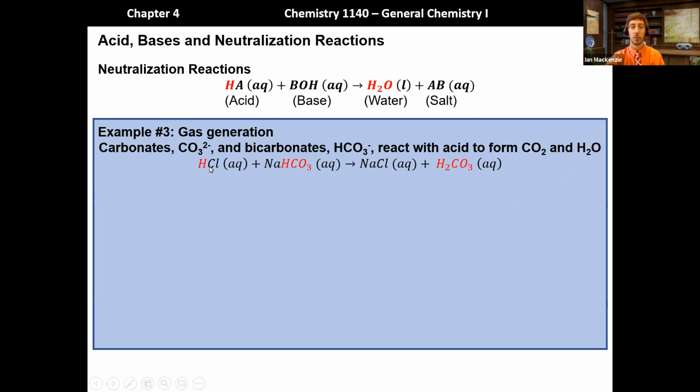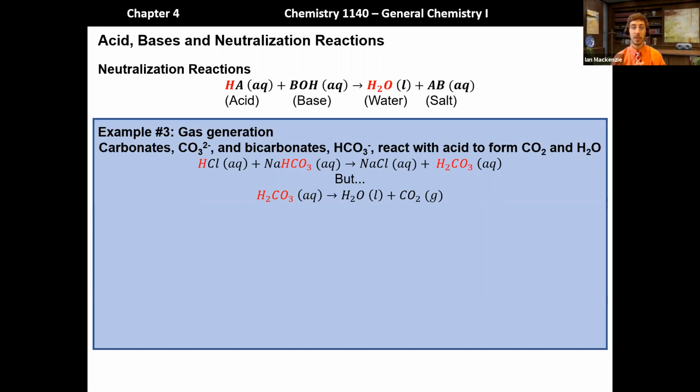When we essentially do just a metathesis reaction where you simply swap the anions, we come out with sodium chloride and H2CO3, aqueous. The thing to point out here, though, is that H2CO3, carbonic acid, is unstable. It breaks down to form water and CO2 gas.